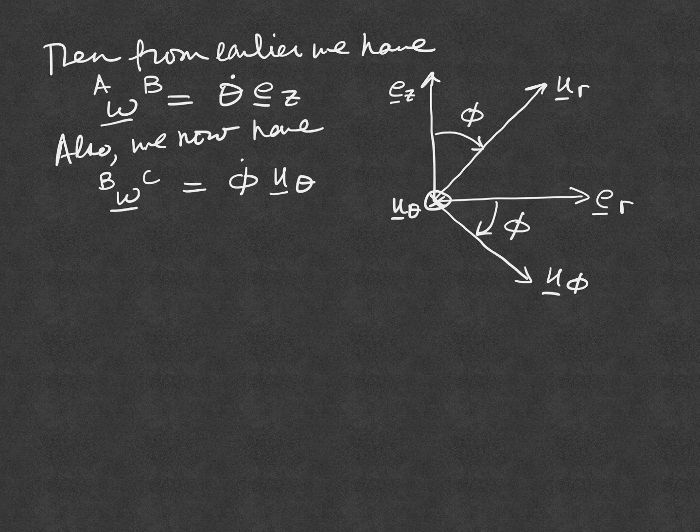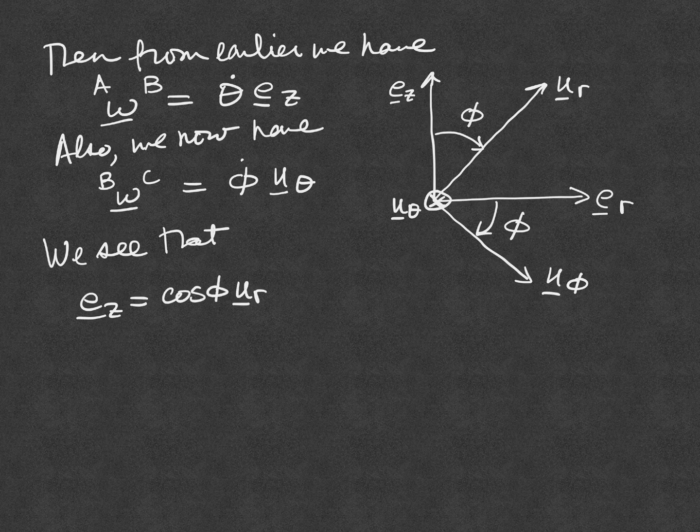If we look at the diagram, we see that EZ is equal to cosine of phi times UR minus the sine of phi times U phi. And it's minus because if I extend this vector, this is in the opposite direction, this is minus U sub phi.